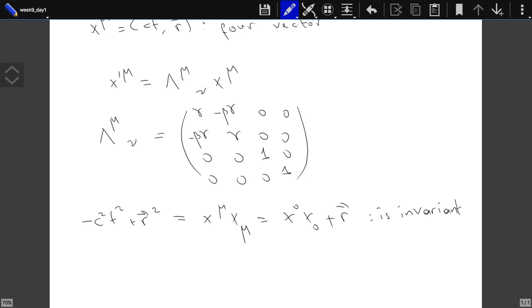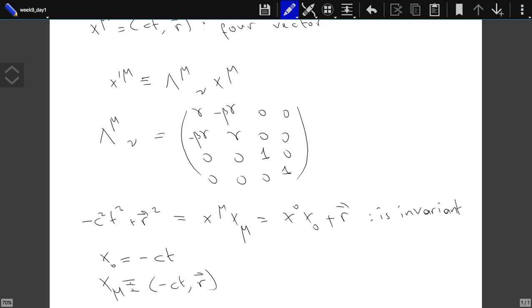The only difference between the upper index x^0 and the lower index x_0 is that the lower index x_0 we just define to be minus ct. So we define this other 4-vector with lower indices, which is minus ct, r. This is how we define them.